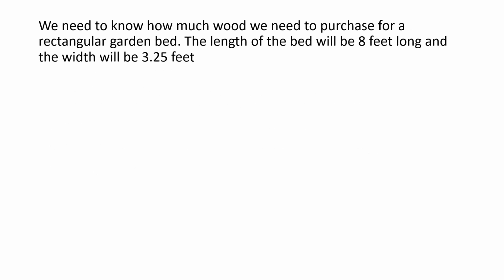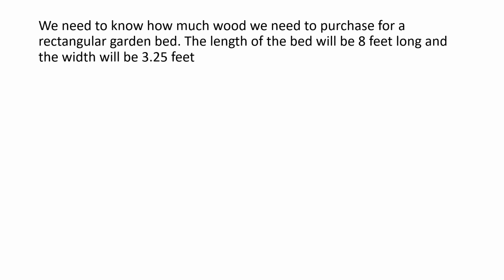A lot of our problems, especially dealing with perimeter right now, are going to be word problem type problems. We already know that perimeter is adding all the outside edges. So how would that be an important thing that we would need to know? So here's a word problem. It says, we need to know how much wood we need to purchase for a rectangular garden bed.